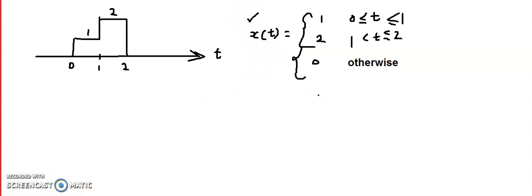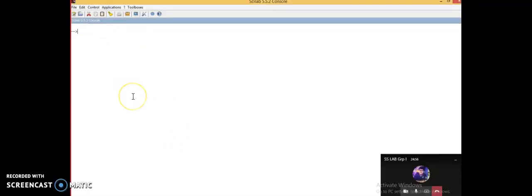So we will be using logical operators in drawing this in the SciLAB environment. Suppose we need to draw the given signal xt in SciLAB. How to draw that? First we need to define t.